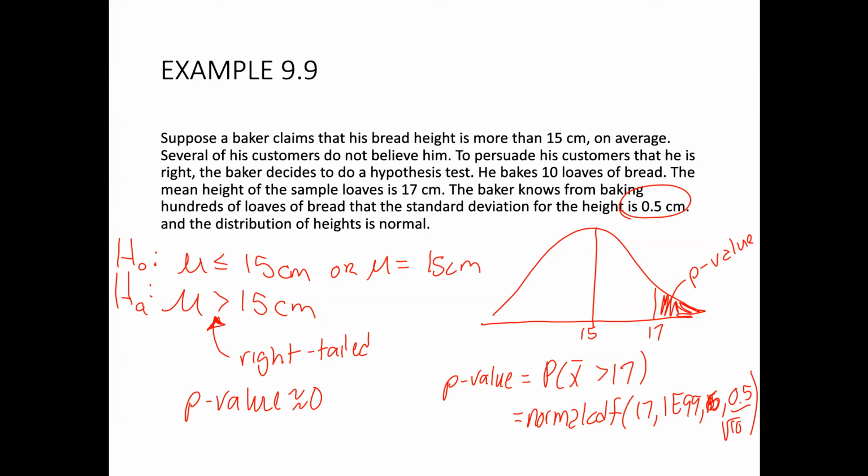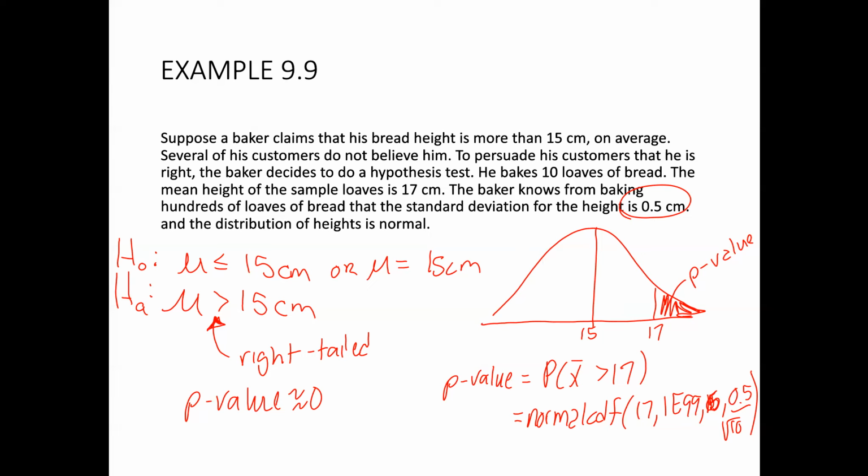If the p-value is low, we reject the null hypothesis. And our sample data supports the conclusion brought by our alternative hypothesis. So the sample data supports the conclusion that the mean height of loaves of bread is greater than 15 centimeters, which is what he said it was. And his customer says, so did he prove his customers wrong?